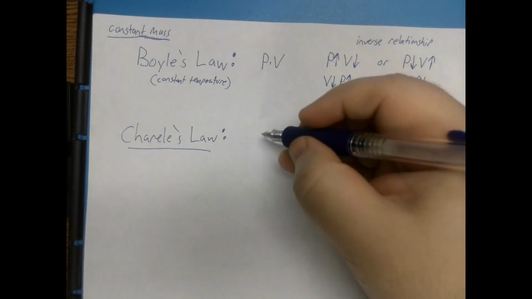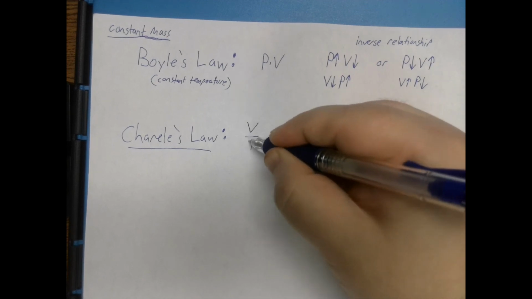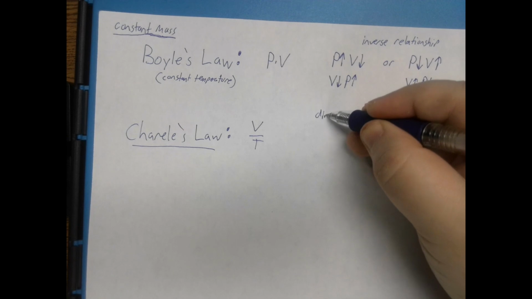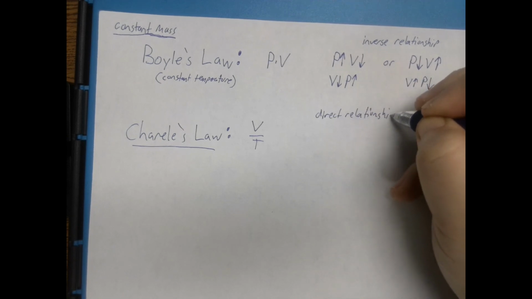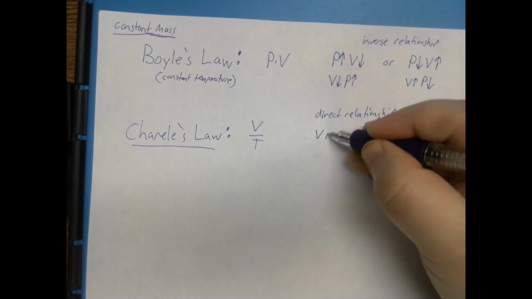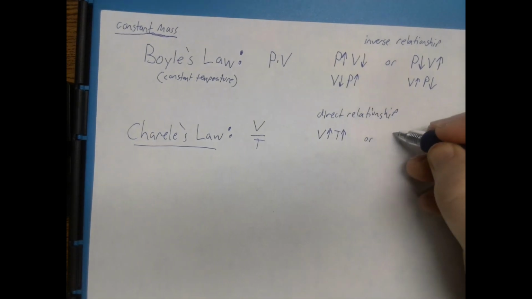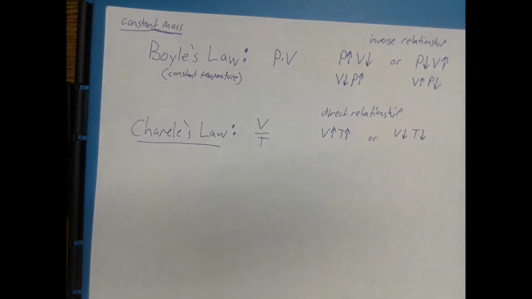Charles's law deals with volume over temperature, and it's a direct relationship. What this means is, as volume increases, temperature increases, or as volume decreases, temperature decreases.